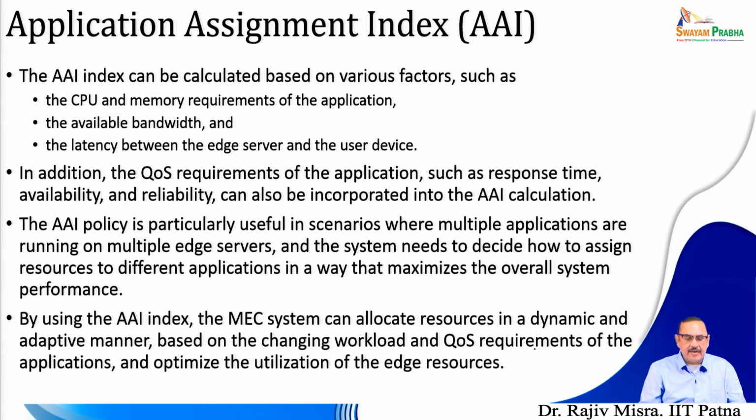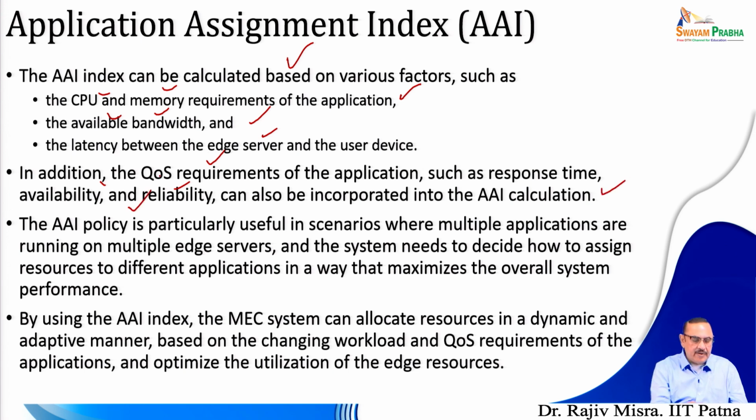The application assignment index can be calculated based on various factors such as the CPU and memory requirement of an application, available bandwidth and the network latency between the edge server and the user devices. In addition, the quality of service requirement of an application such as response time, availability and reliability can also be incorporated in the application assignment index calculation.